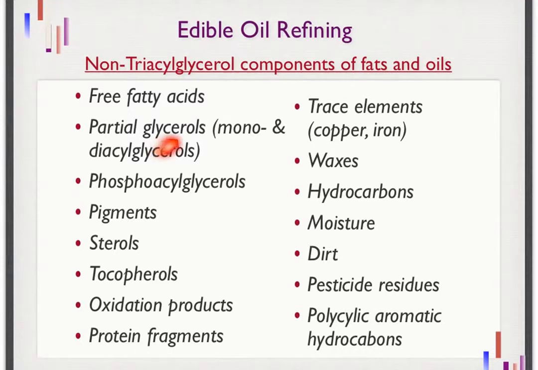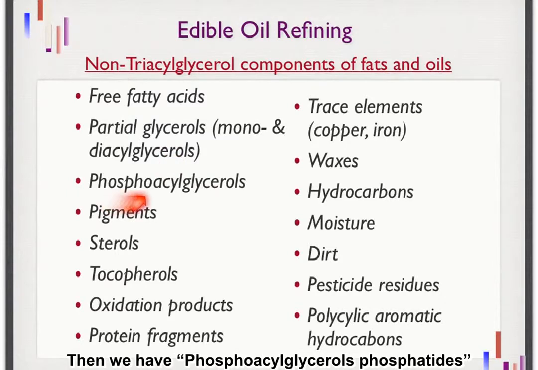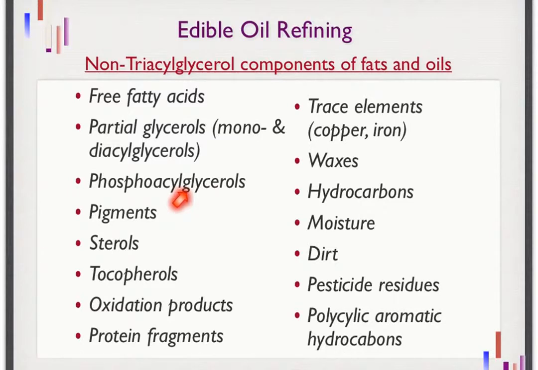And we have partial glycerol, mono and diglycerols, which are the results of partial hydrolysis of the triglycerides in the crude oil. Then we have phosphoacylglycerol or phosphatides. This is what we call gums in the oil, which give a viscous property to the crude oil.